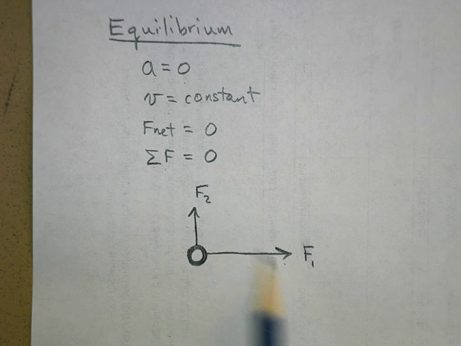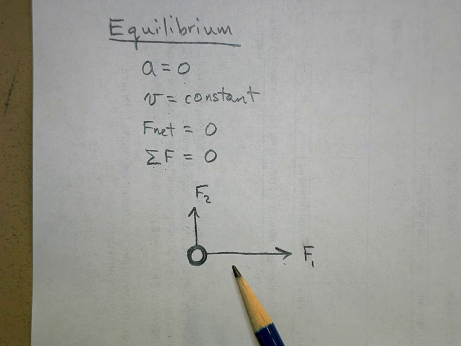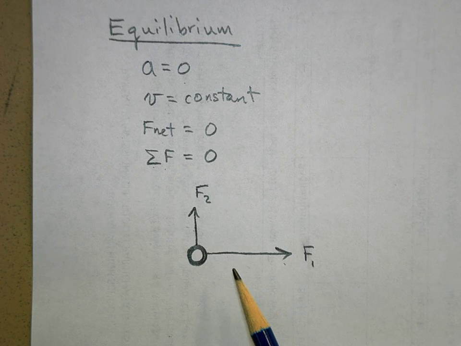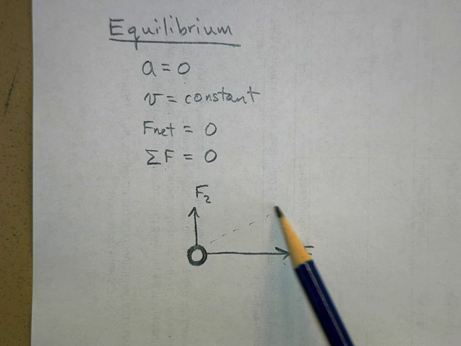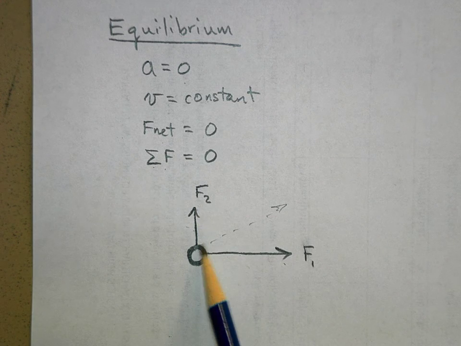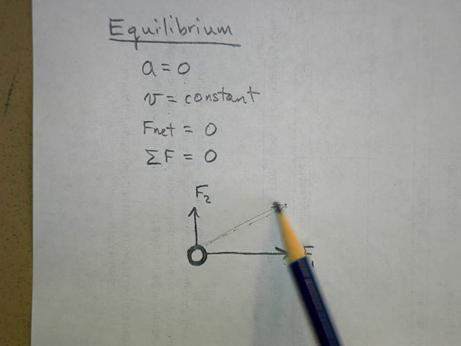Now, these two forces, what are they trying to do? They're going to make this ring go like what? If I add these forces together, I would get the net force. And I think you would see that this object would try to accelerate in that direction, wouldn't it? That's what I get when F1 plus F2 tries to make it go like this.